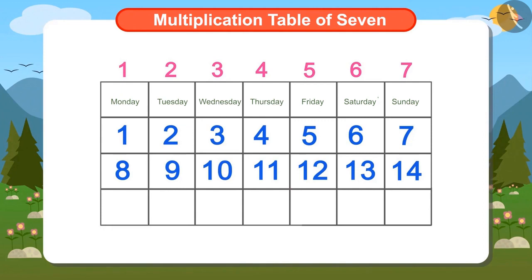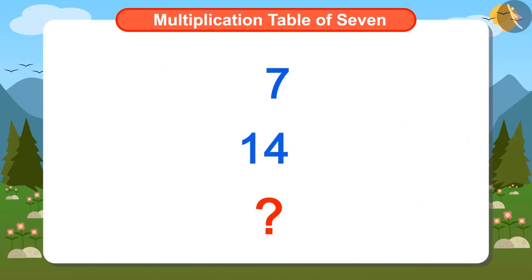Ayushman has understood that just like he added 7 to the date 7th to find the date of next Sunday, 14th, similarly by adding 7 to 14, he will get the date of the following Sunday. Suddenly Ayushman remembered that he had done such a calculation earlier too.